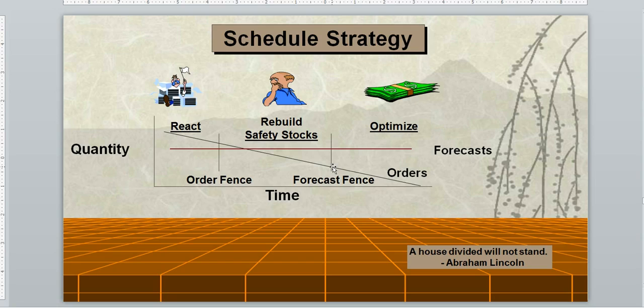The first one, which I refer to as the react phase, is that we're only going to react to customer orders that would cause us to want to change the schedule. We wouldn't change the schedule within the near term just because of forecasts. We would only change it because of customer orders, probably only for our A customers if there was a real urgency to it.